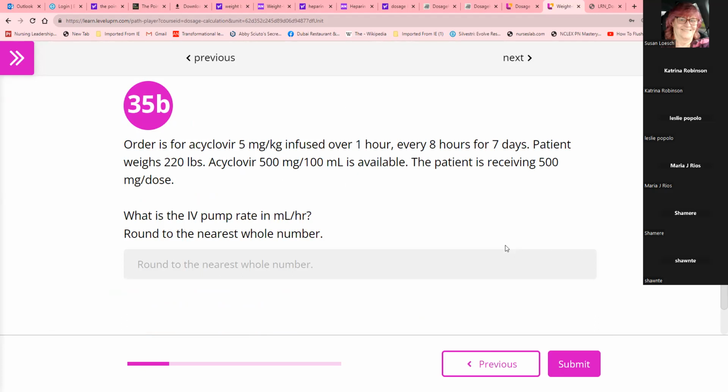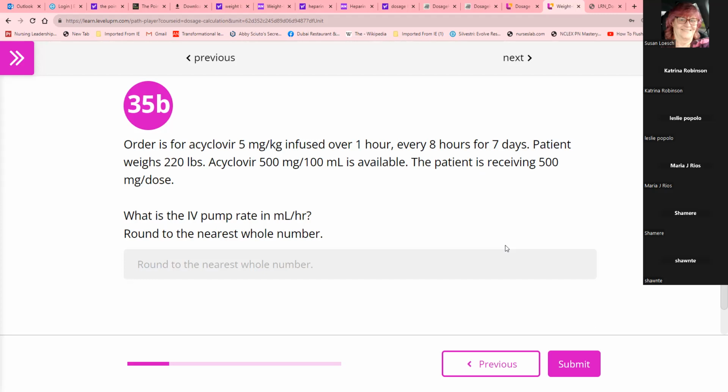Now they're asking for the IV pump rate. So here you already calculated your desired dose, right?